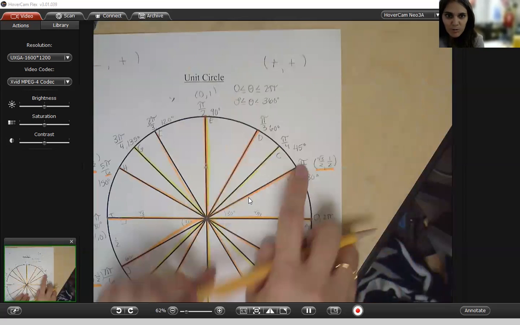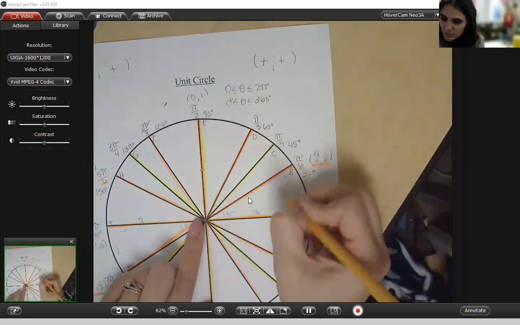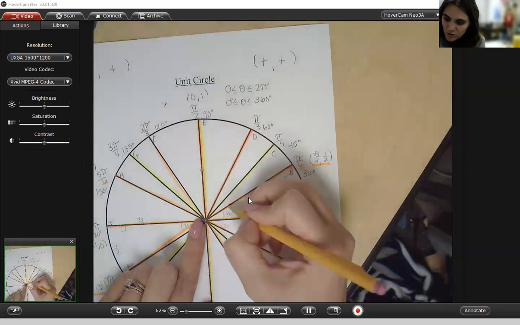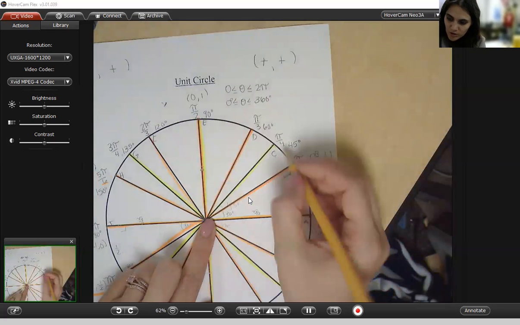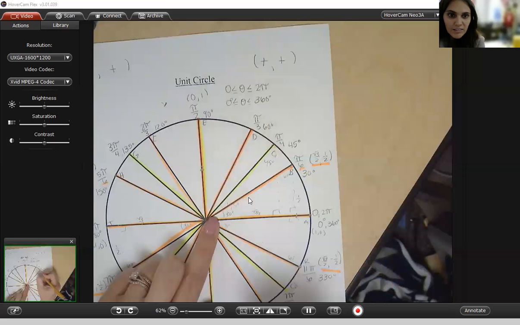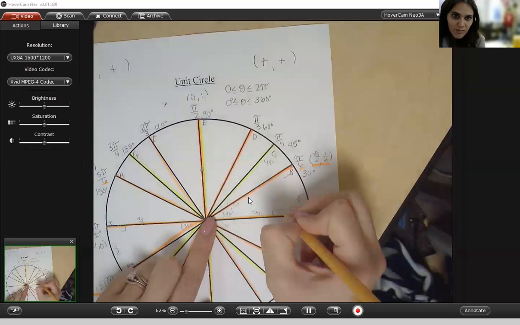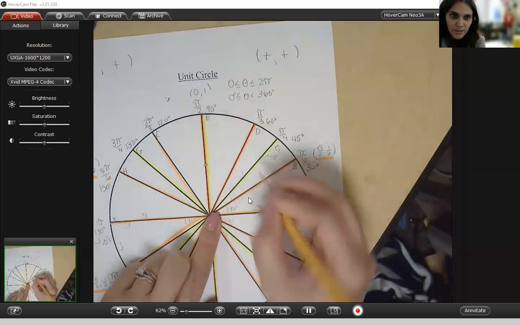So next I'm going to label my spot here for pi over 4. Again, you should review, this is 45 degrees. So I just created a 45, 90 triangle, which tells you that this also has to be 45. That tells you that this is a 45, 45, 90 triangle, special right triangle with a hypotenuse of 1.